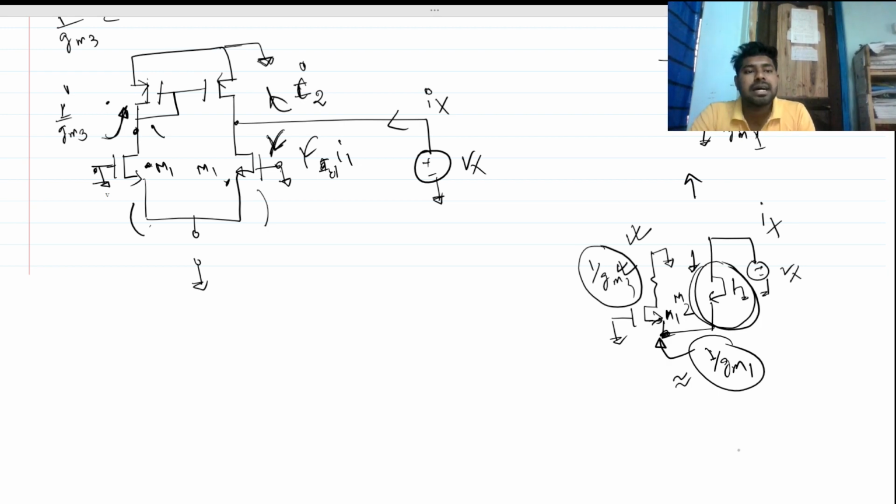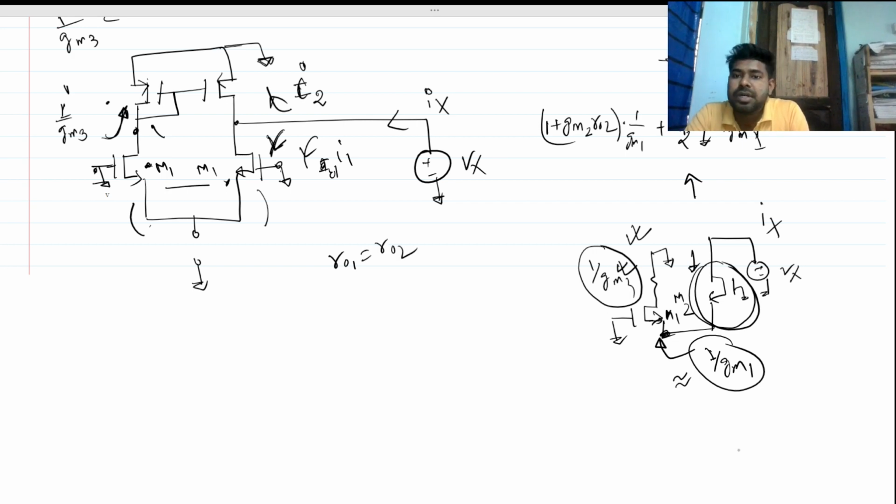Then what is the looking-in impedance from here? We know that this is nothing but (1 + GM2 times RO2) times 1 over GM1, plus RO2. But in this case RO1 equals RO2, because these two are similar devices.